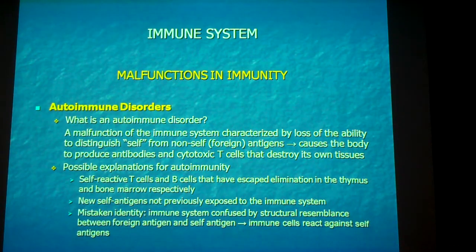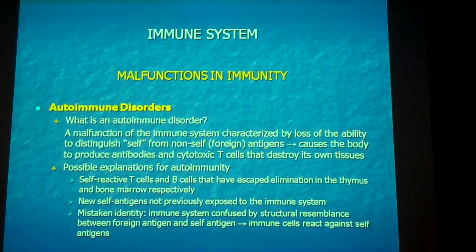Now, why does this happen? Well, there are different theories on this, but one is that some self-reactive T and B cells escaped elimination in the thymus and the bone marrow, respectively. Some slipped by.